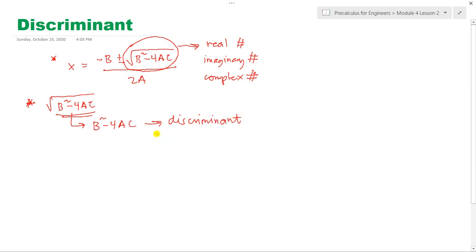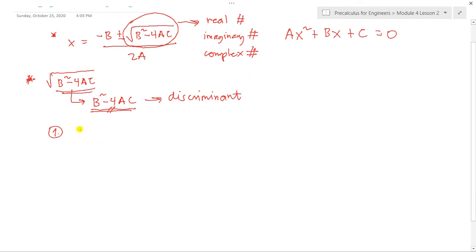So this is the criteria of our discriminant. This is what we look at, b squared minus 4ac. Remember, our general form for our quadratic equation is ax squared plus bx plus c equals 0. Take note.